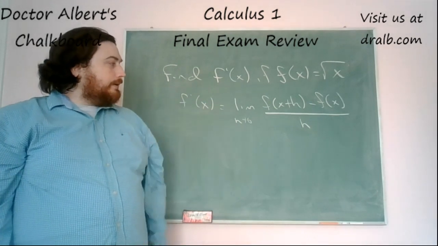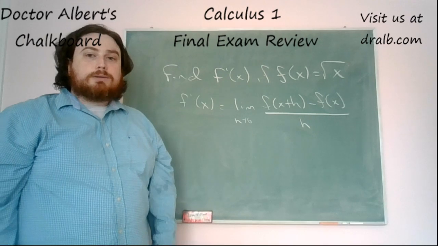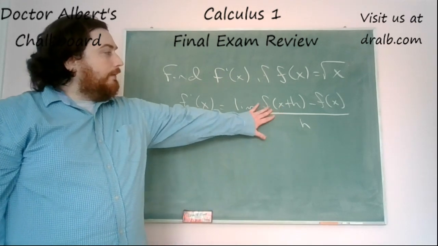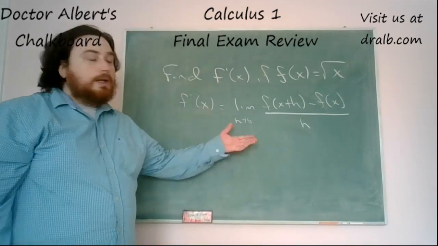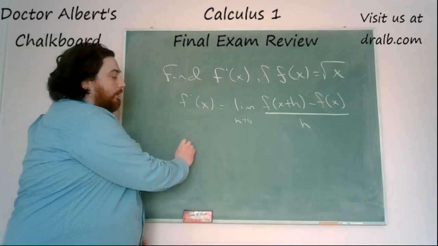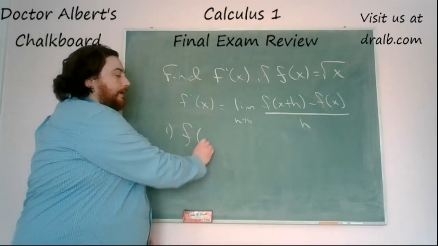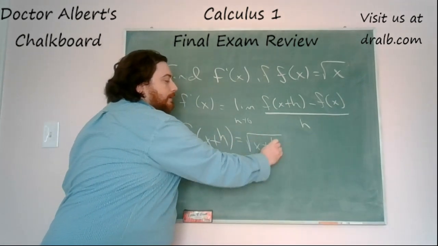We have the limit definition of derivative, and remember that we did this in 4 parts. We started off with f of x plus h, and then we subtracted f of x, we divided by h, and then we took the limit as h goes to 0. So for this one, f of x plus h is the square root of x plus h.